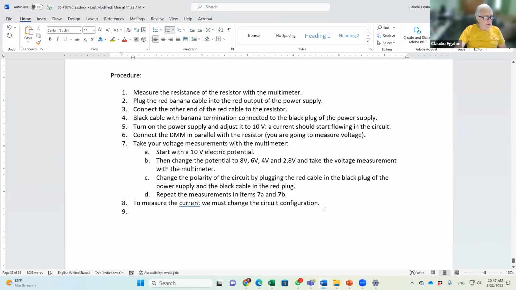To measure the current, we must change the circuit configuration. Starting from scratch. We do the following. Red cable to red plug of the power supply.